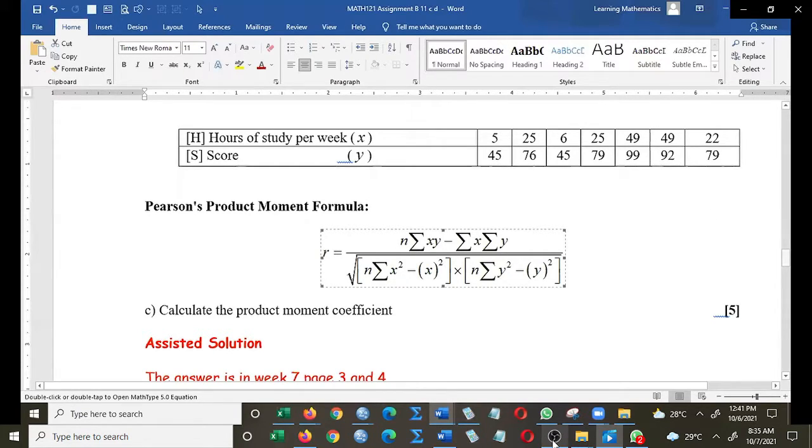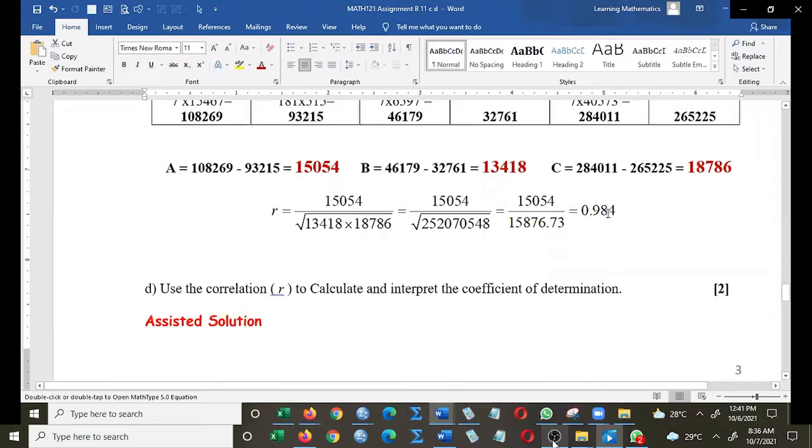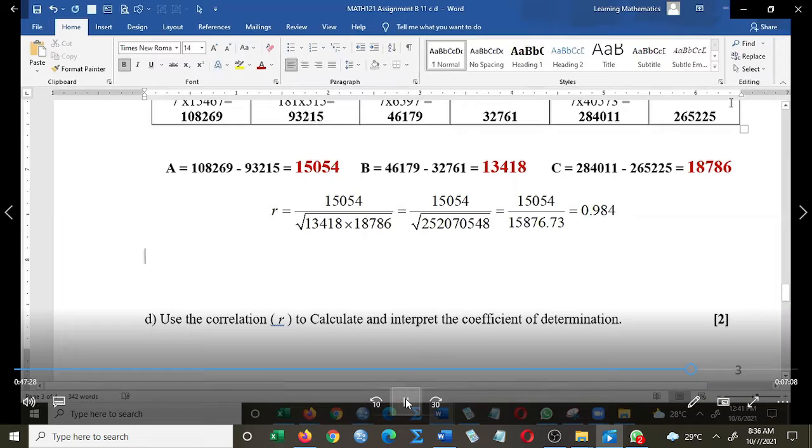We have just measured the correlation using this instrument, and we have gotten a number. How do we interpret that number? This extra calculation called the coefficient of determination will help us to interpret that number. But for now, what we can say is there's a strong positive correlation, because 0.984 is between 0.5 and 1, and is very close to 1, almost perfect positive.